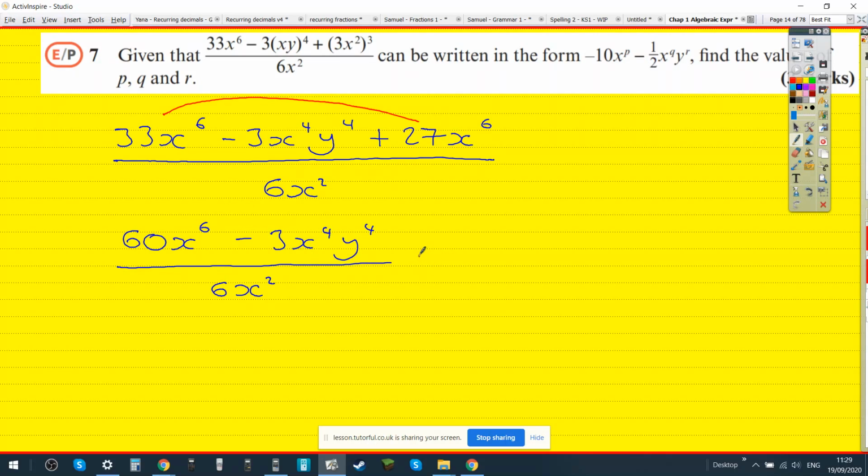So it'd be 10x to the power of 4 minus, would it be half x to the power of 2, and then y to the power of 2? There's no y on the bottom. Oh, right. So it'd just be y to the 4 then. That's it. Well done. So it's essentially splitting it up into the two fractions, and that's what you did.